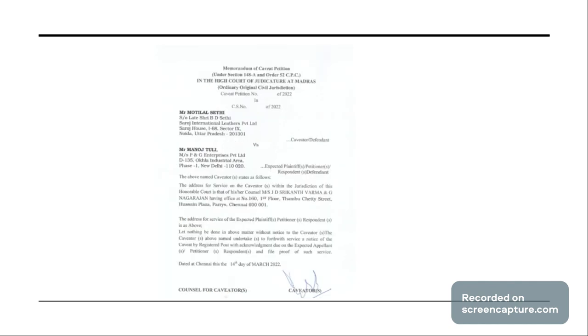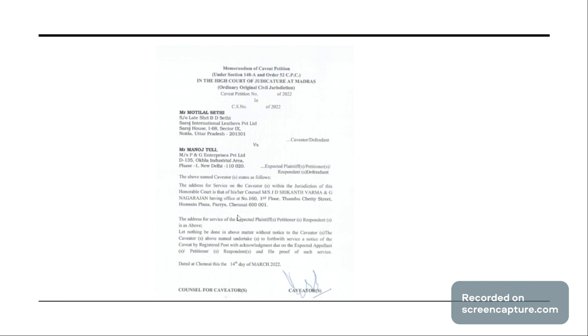Here you can see one sample: the memorandum of caveat petition under Section 148A and Order 52 of the Civil Procedure Code. Here you can see that a case is already running in the district court, and now a caveat has been filed in the high court. Usually caveats are filed in high courts and supreme courts because the case is already available.